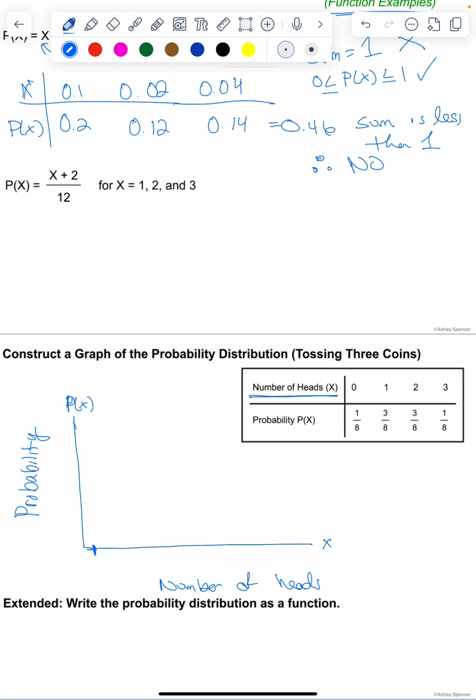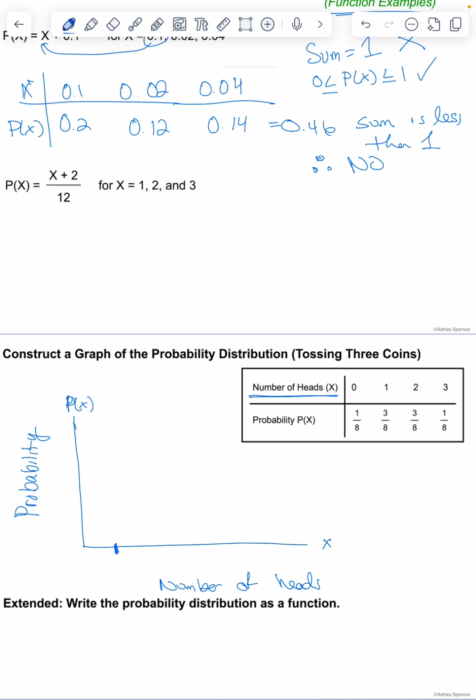Remember, this is a bar graph that represents the number of heads. So technically, 0 number of heads is right over there. We've got 1 head, 2 heads, or 3 heads. So 0, 1, 2, and 3.